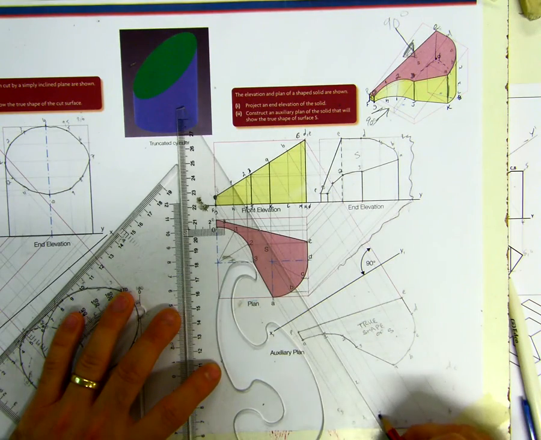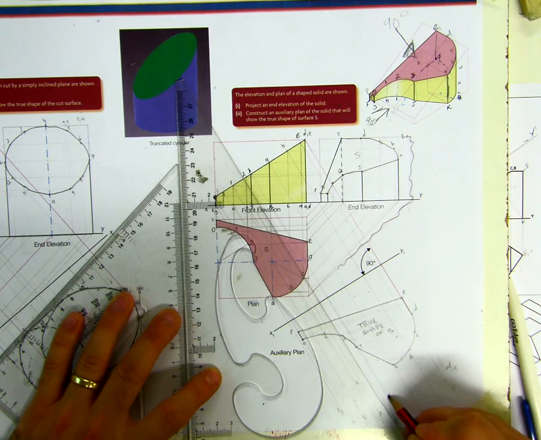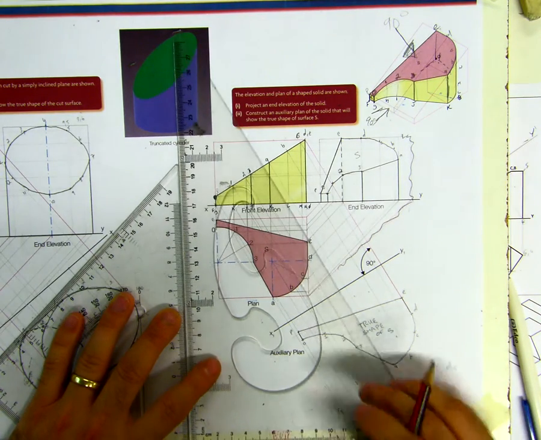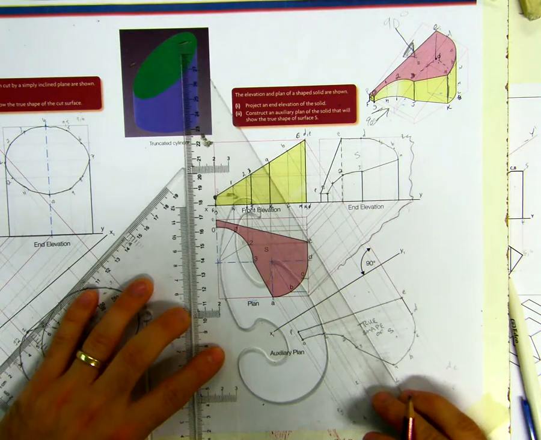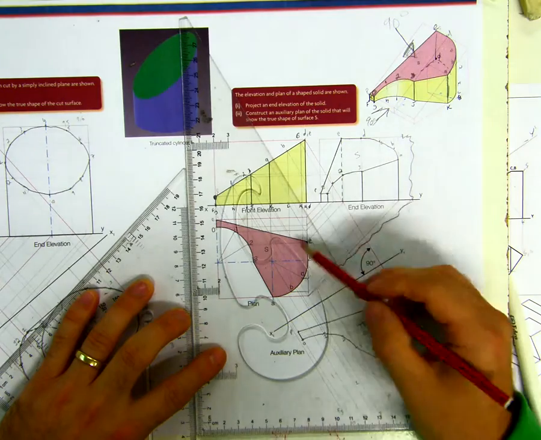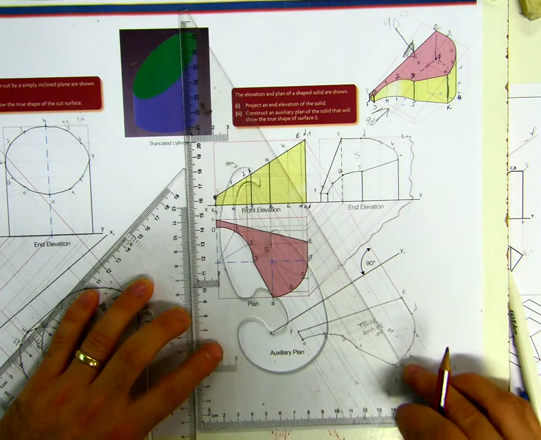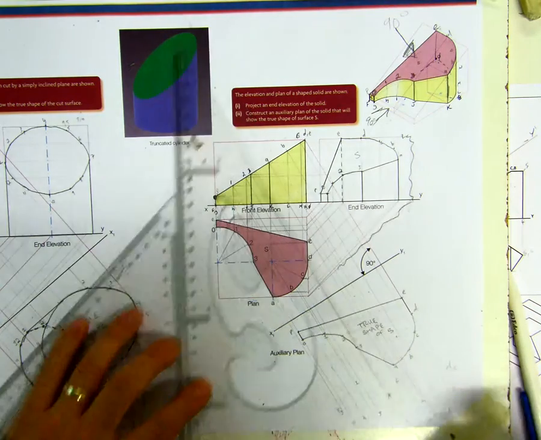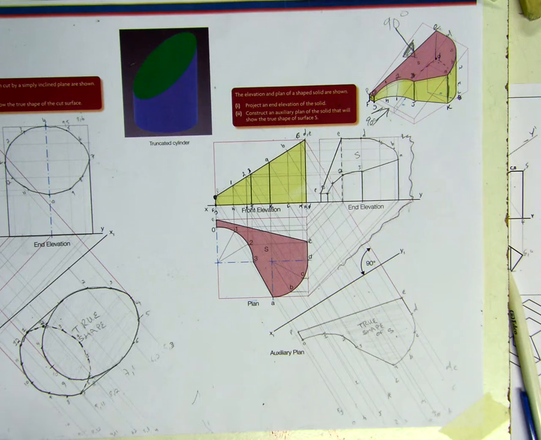So we keep going with them. M and N and O are on the same line. Okay, so if you label everything, it should be easier to follow. Okay, because you're going to end up having a lot of lines.